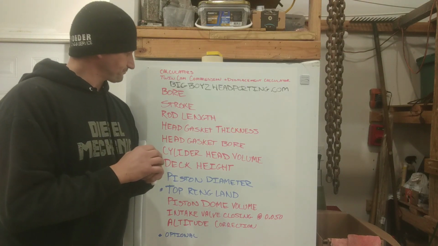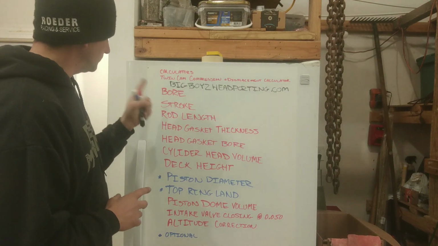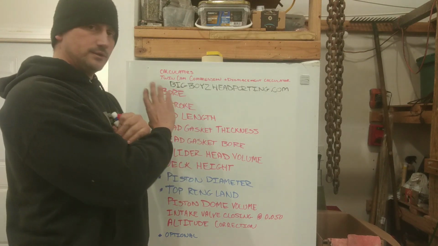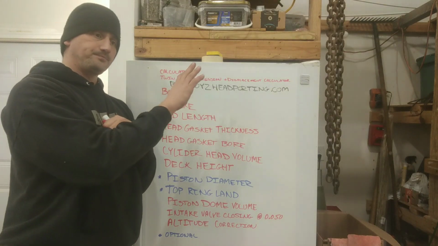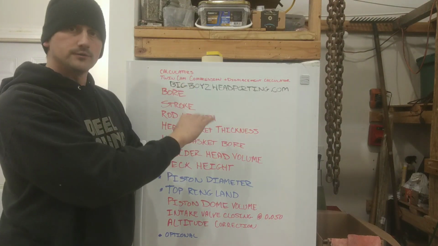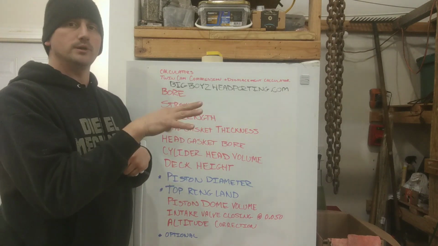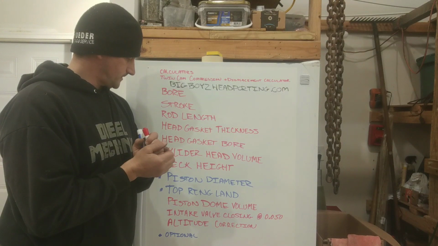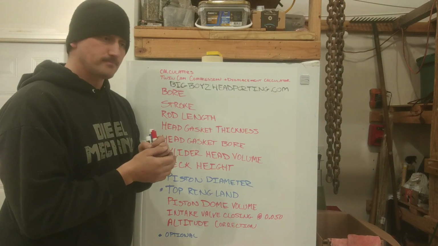Other than that, the bore, stroke and rod length, you want to go over to the right and you'll see alternate bore, alternate stroke, and alternate rod length. You just put in your information there. And that's it. That's it.